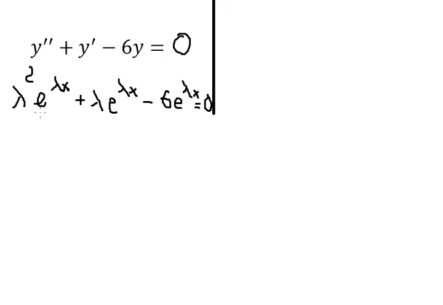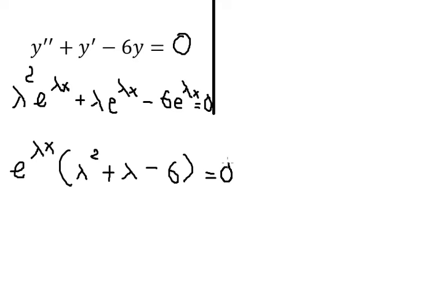Now we have e to the power of lambda s. We can do factorization. So we have lambda squared plus lambda minus 6 equals number 0.